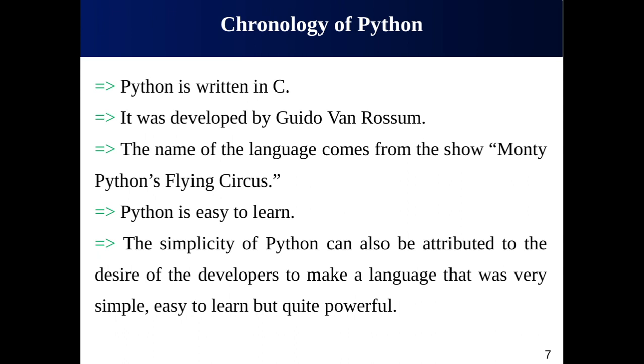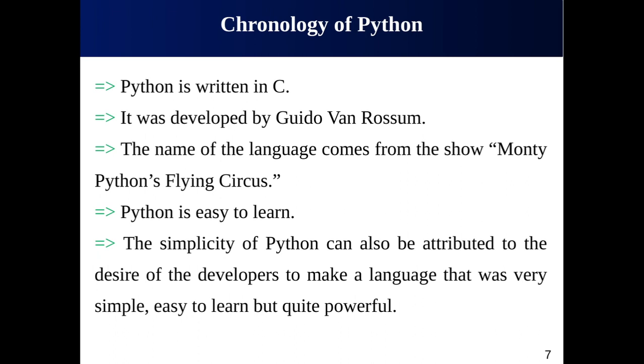Python is easy to learn, and the core of the language is pretty concise. The simplicity of Python can also be attributed to the desire of the developer to make a language that was very simple, easy to learn, and quite powerful.